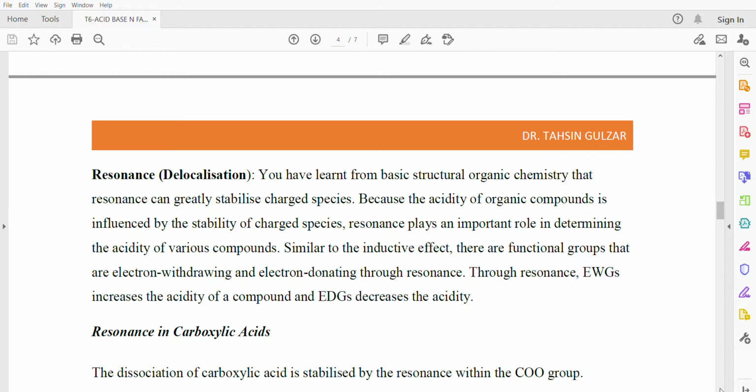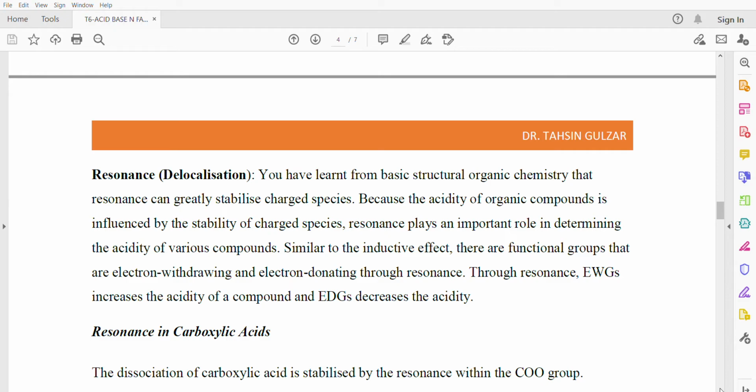After the removal of the proton, the conjugate base, the acetate anion, has two oxygens, so the negative charge resides between two oxygens. It is not on one oxygen only; it is delocalized between two oxygen atoms.